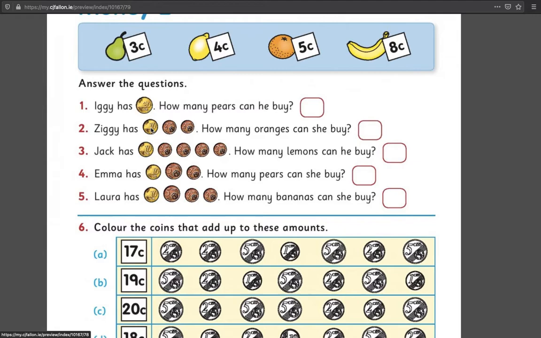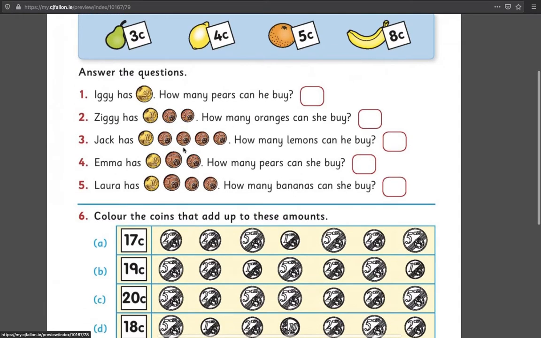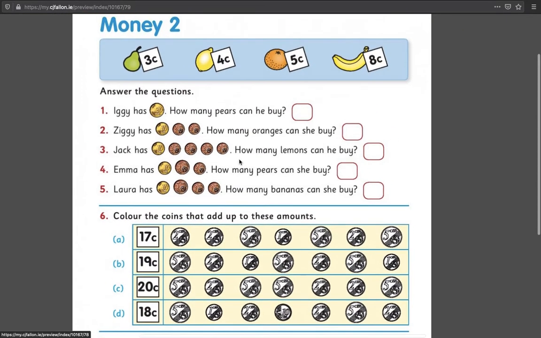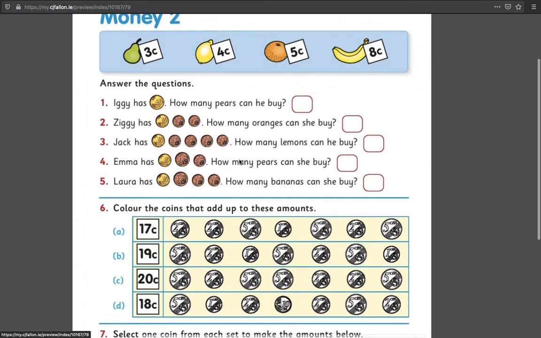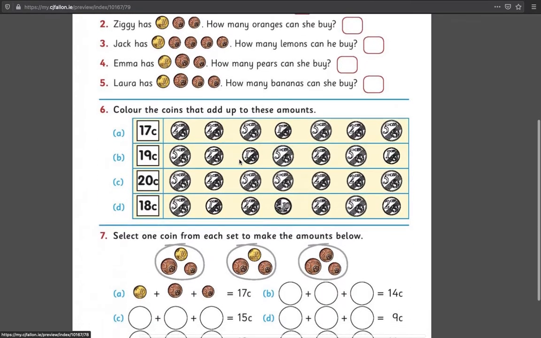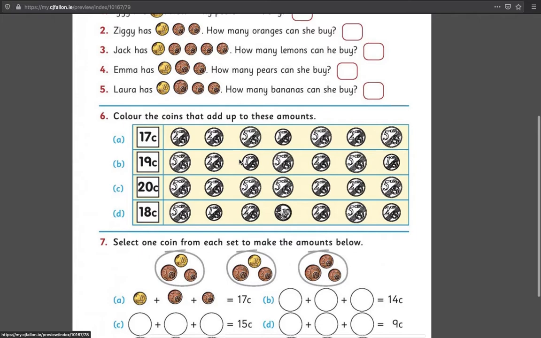I think you guys can get the hang of this if you just figure out Ziggy has this much money. How many oranges can he buy? How much is the orange worth? And how many times can you get that amount, that 5 cent, out of this amount that Ziggy has? So I'm going to leave that with you guys. If you do need extra help, just let me know, and I'll give you a bit of extra help with it tomorrow.